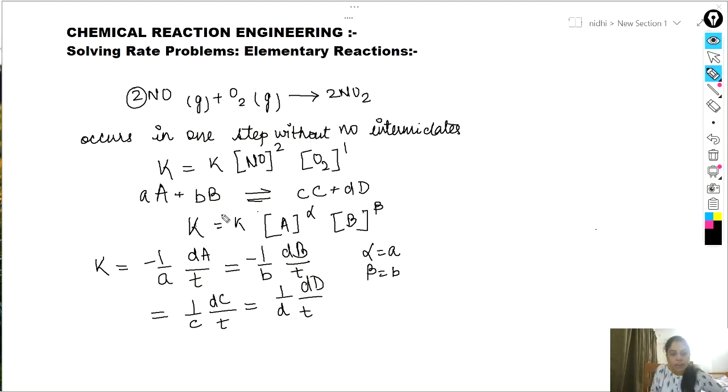Because as this reaction moves forward, we are depleting A, so the change in A will be negative even if the rate is positive. So we need a negative sign to end up with a positive rate despite the change of A being negative.